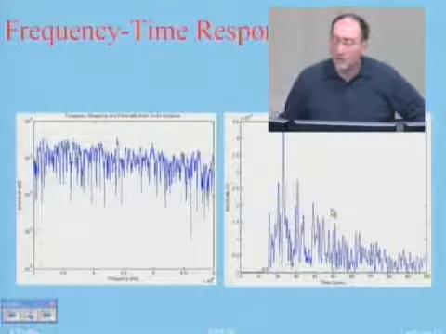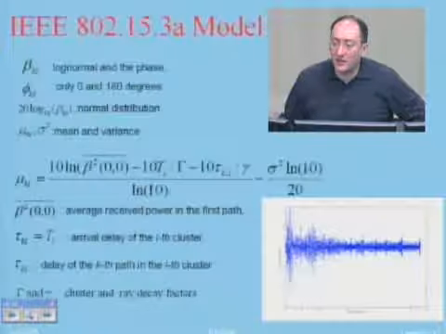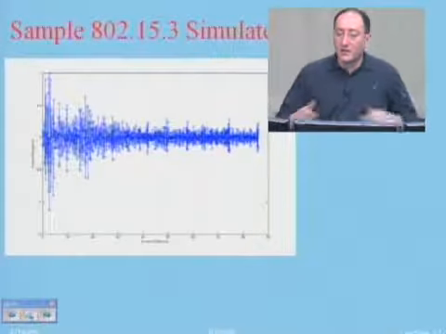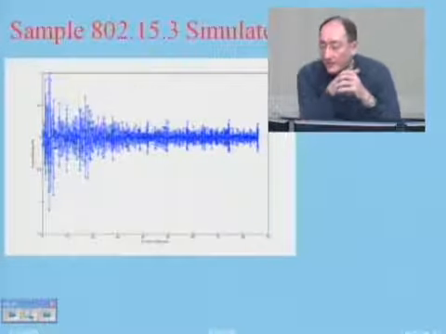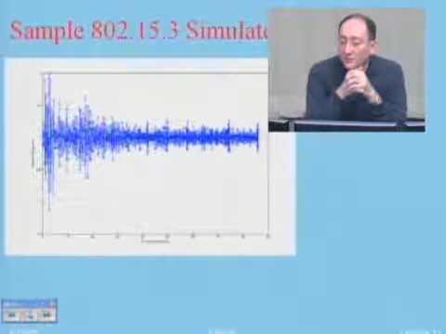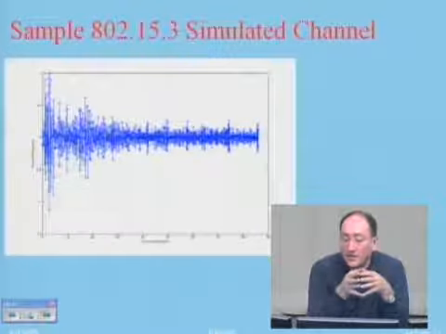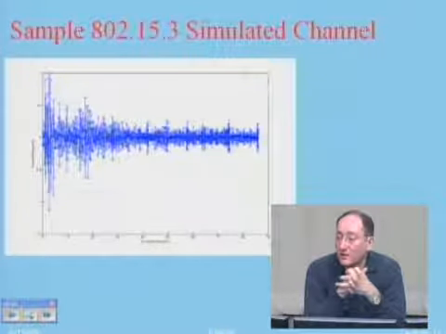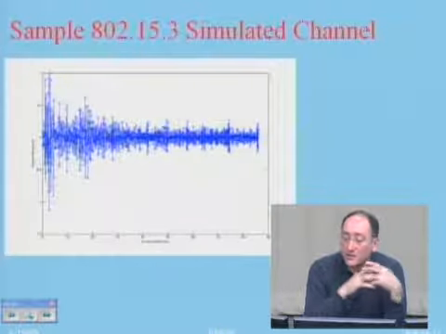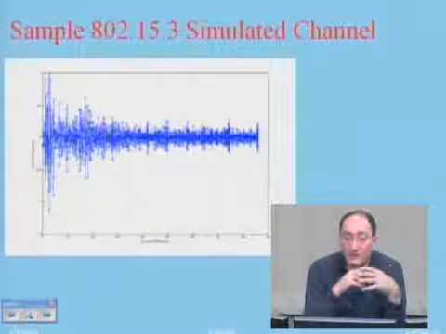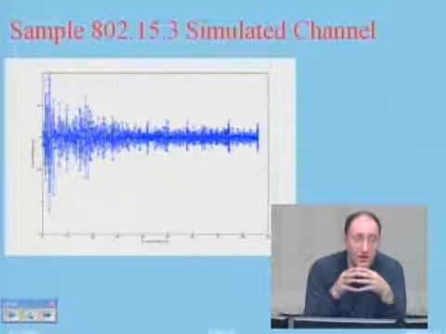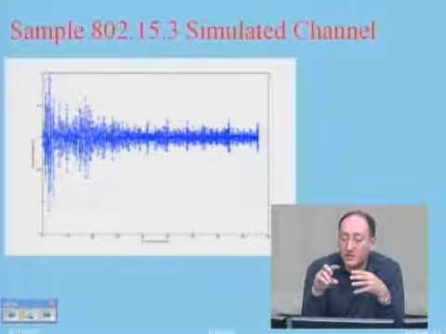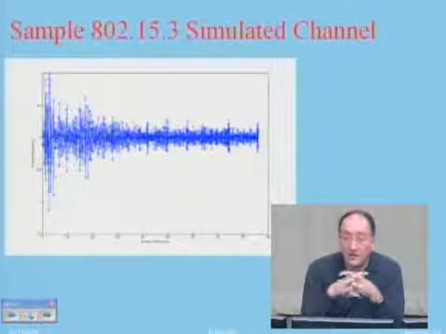Okay. So basically, in terms of modeling of the channel, the 802.15.3 model is basically the same as those wideband models that we had studied earlier. For each path, the amplitude is no more Rayleigh, it's log normal. And the phase, they assume it's either 0 or 180 degrees.